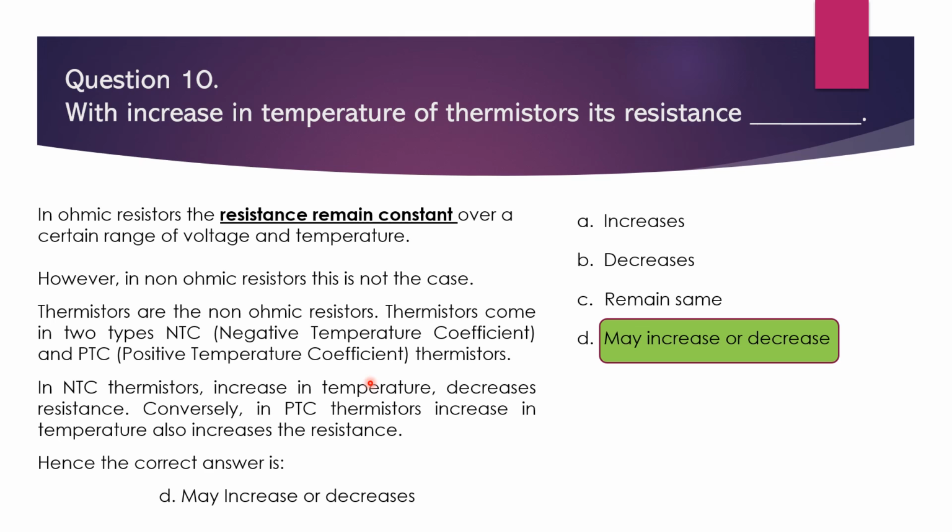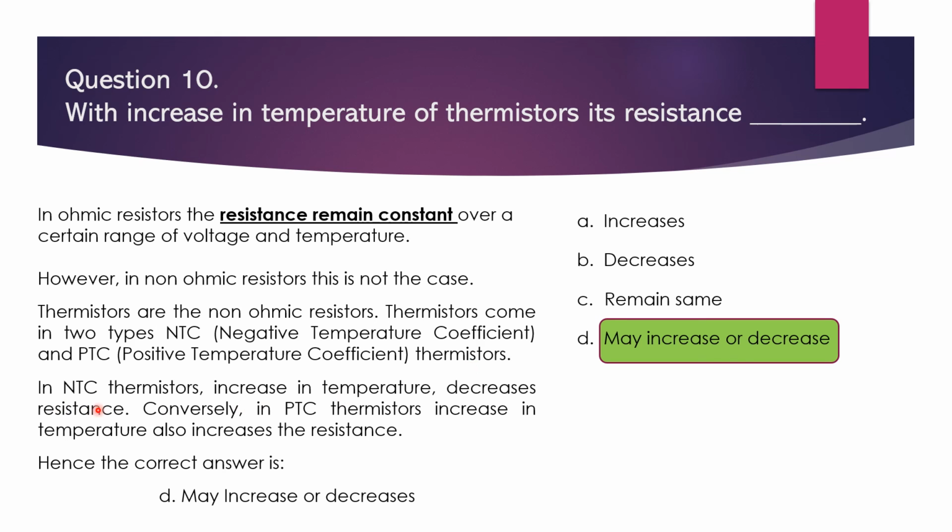Question 10. With increase in temperature of thermistor, its resistance? In an ohmic resistor, the resistance remains constant over a certain range of voltage and temperature. However, in a non-ohmic resistor, this is not the case. Thermistors are non-ohmic resistors, and thermistors come in two types: NTC, negative temperature coefficient, and PTC, positive temperature coefficient thermistors.